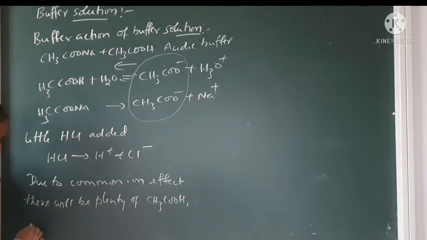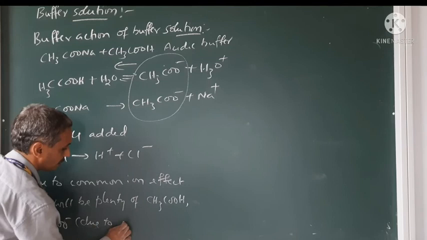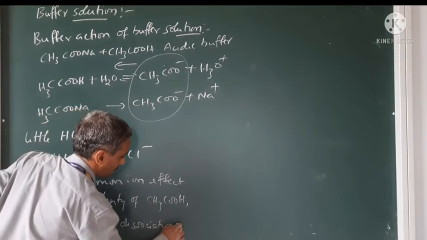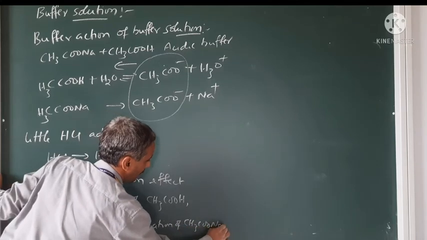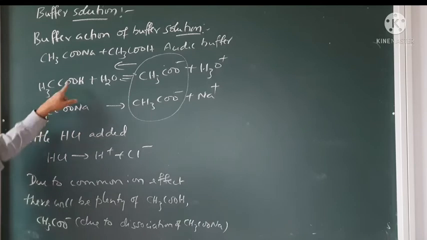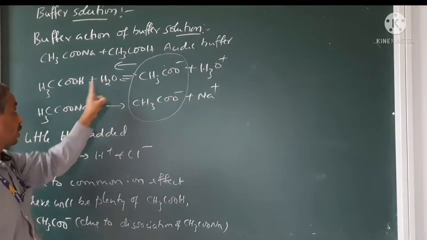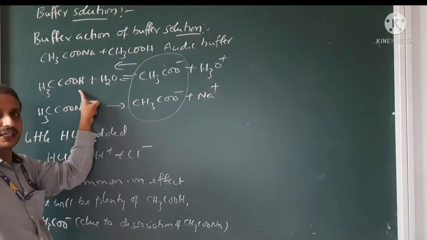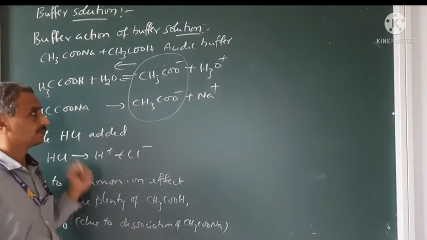And again, there is plenty of CH3COO- ion due to dissociation of CH3COONa. See, plenty of acetic acid molecules will be there, plus plenty of acetate ion due to this, not due to this. Due to the acetic acid dissociation, there is no plenty of acetate ion, but due to this, there is plenty of acetate ion also.